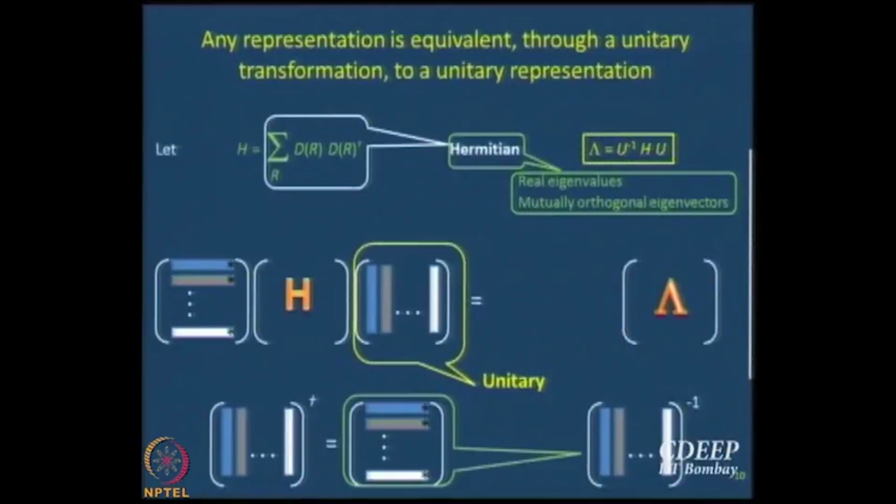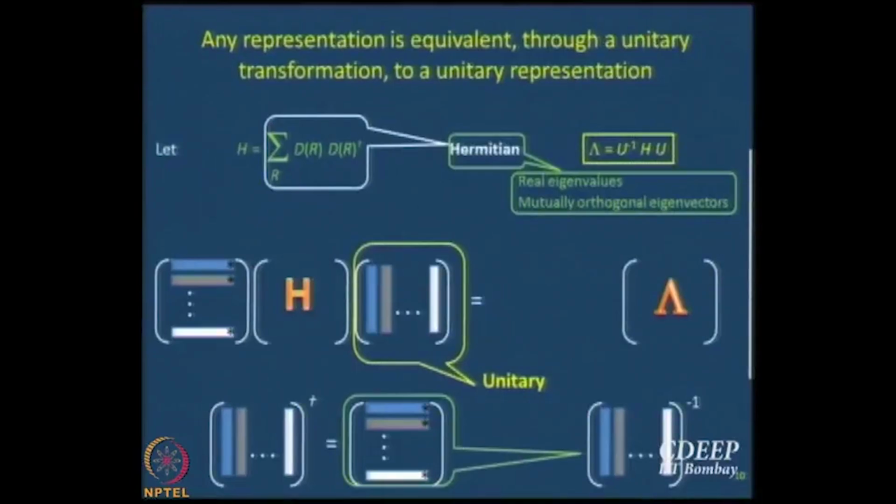Okay. So if I read this and try to say this in English, what will I say? The lambda matrix is obtained by a unitary transformation of the Hermitian matrix.